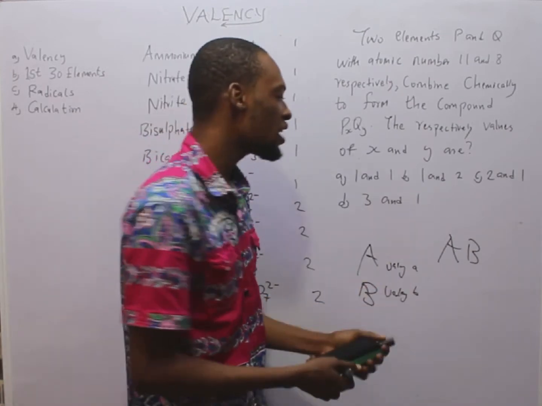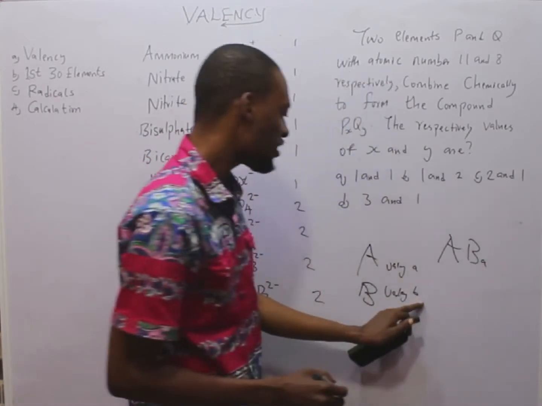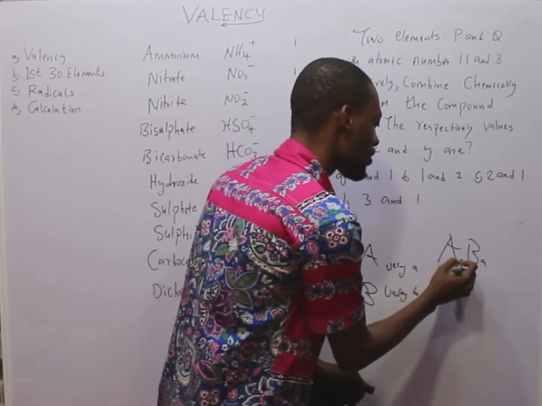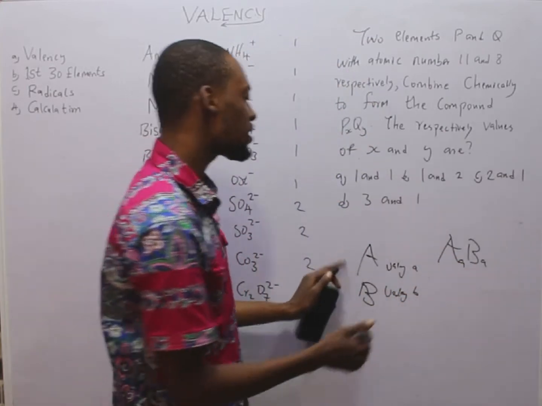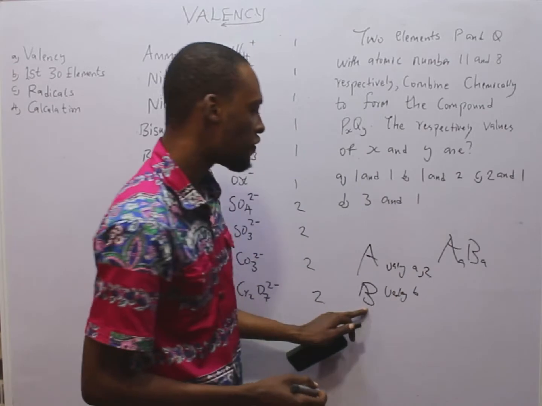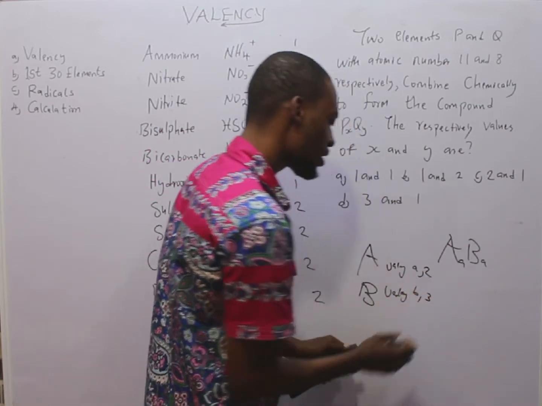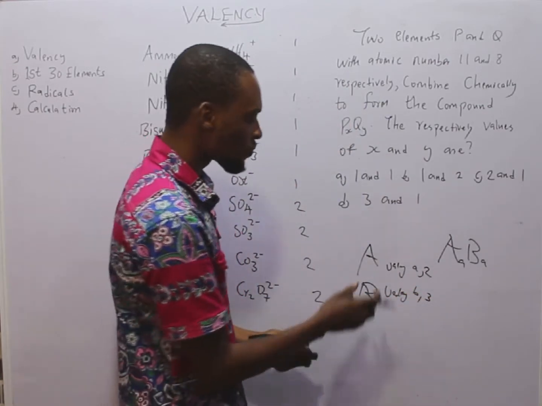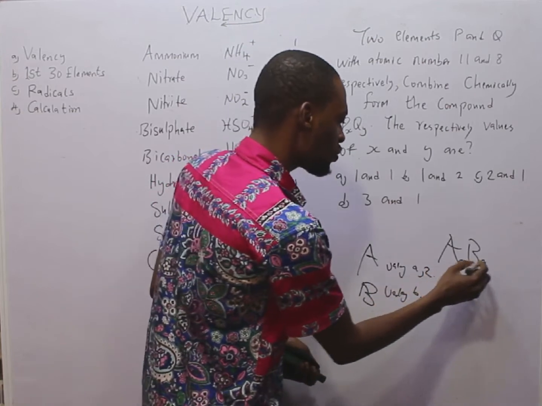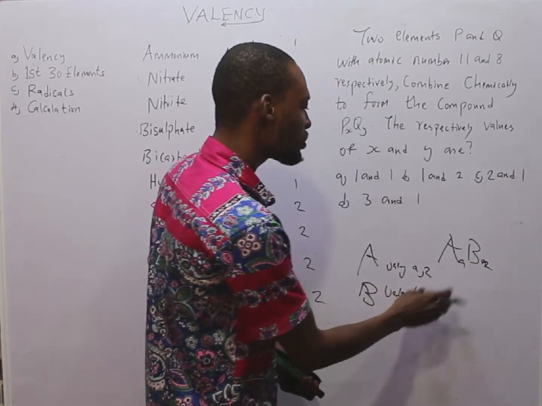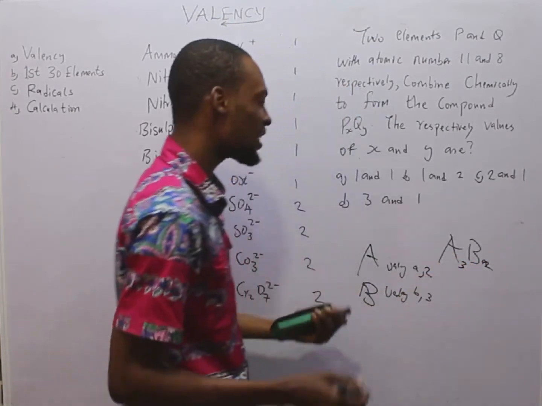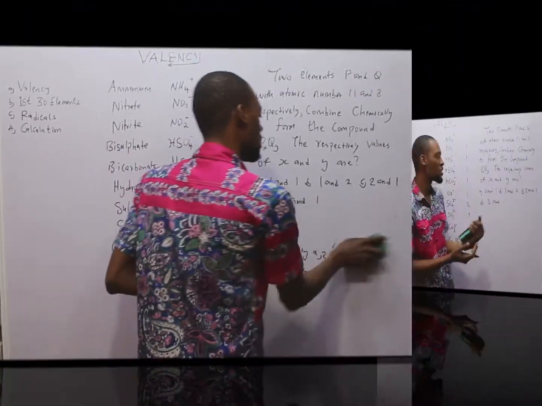The valency of A will go to B. The valency of B will go to A. Therefore, if the valency of A is 2 and the valency of B is 3, after they combine, the valency of A, which is 2, will go to this B. The valency of B, which is 3, will come to this A. That is simply the principle.